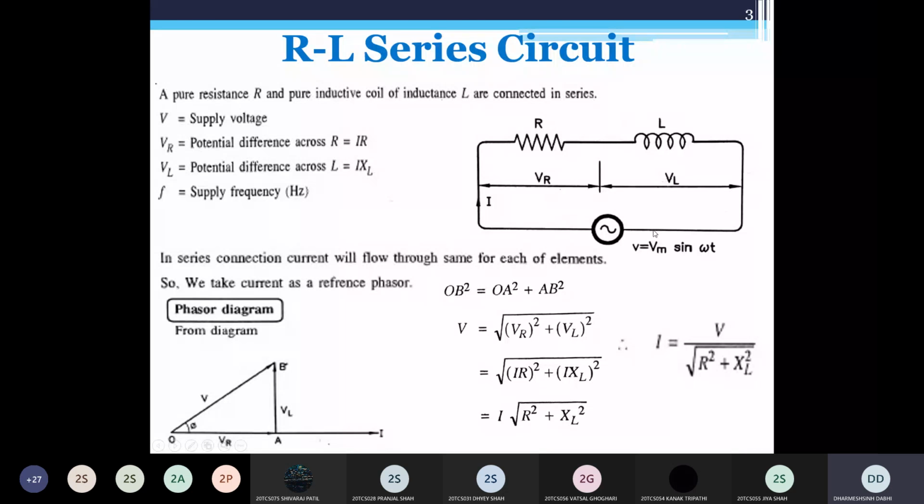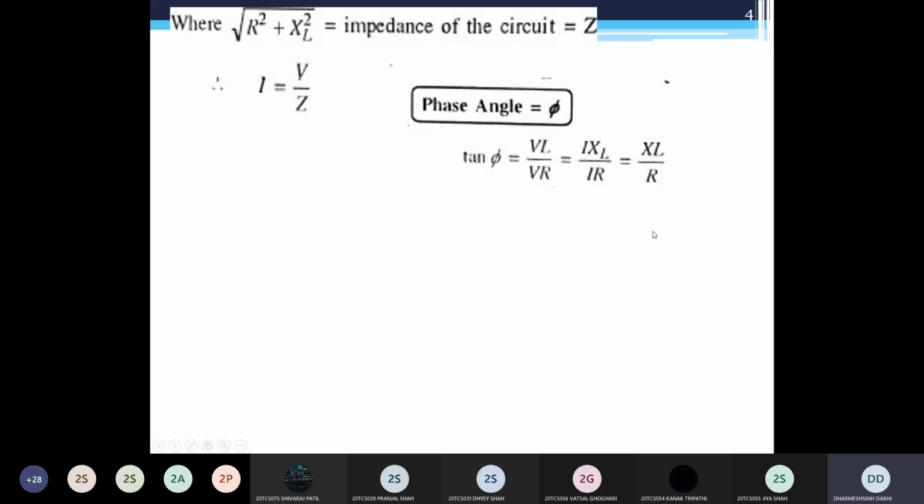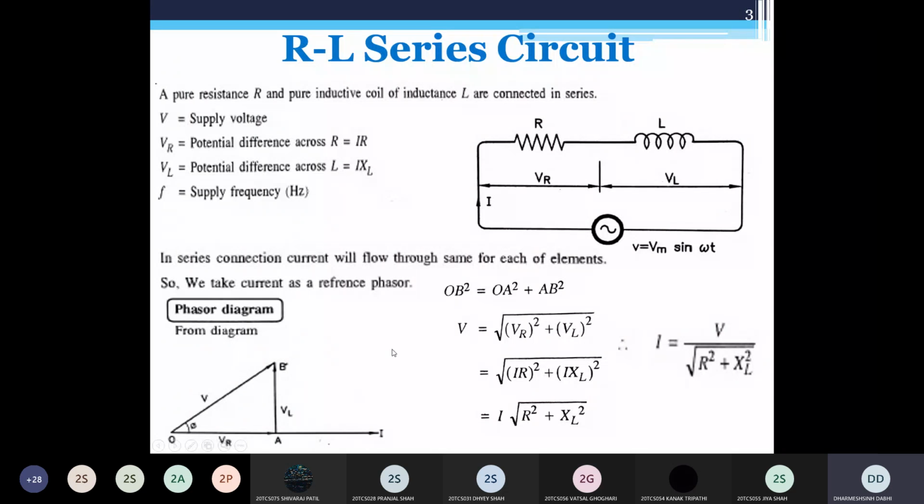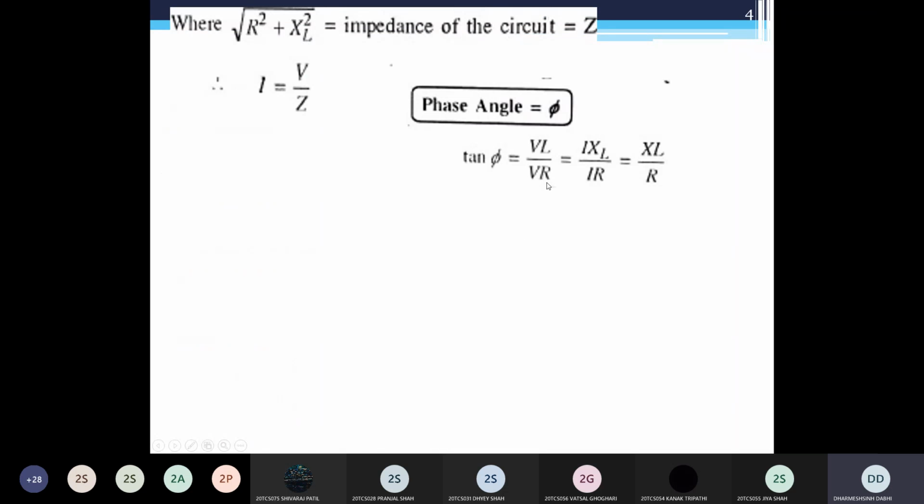Then we derived the equation of the power factor angle phi. You derive it from tan phi. If you take tan phi from the vector diagram, you get VL divided by VR. VL is I into XL, VR is I into R. I cancels out, so tan phi is equal to inductive reactance divided by resistance.